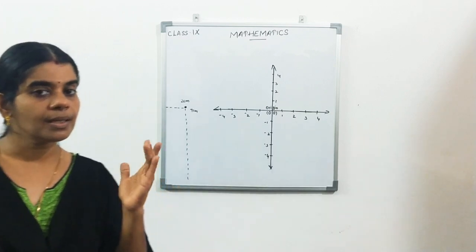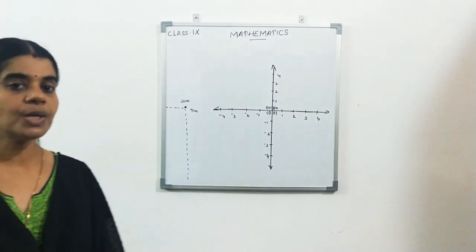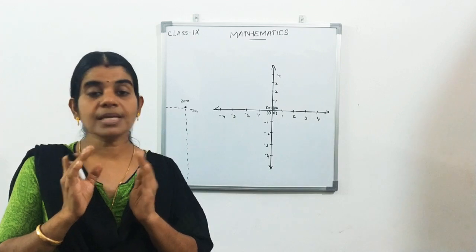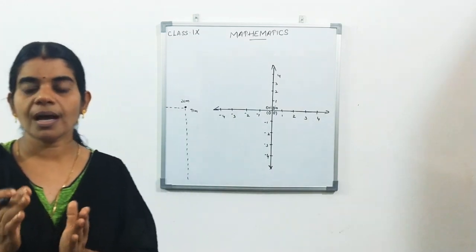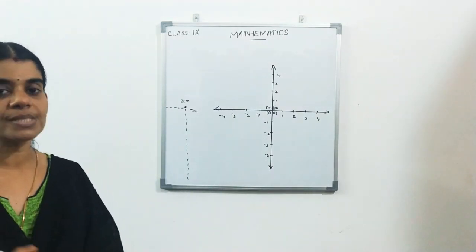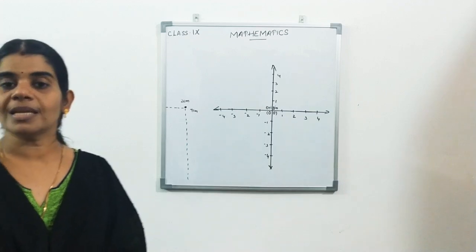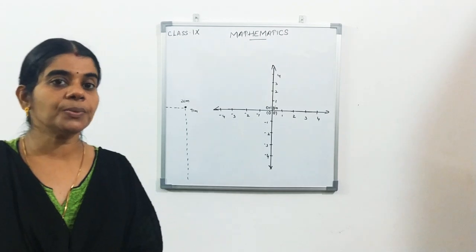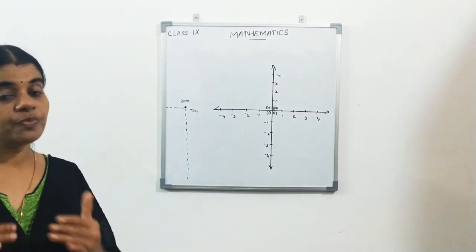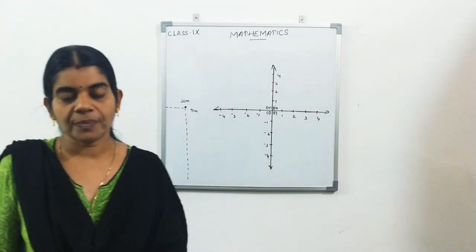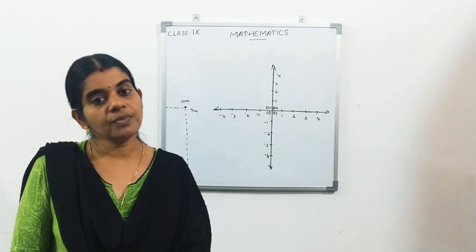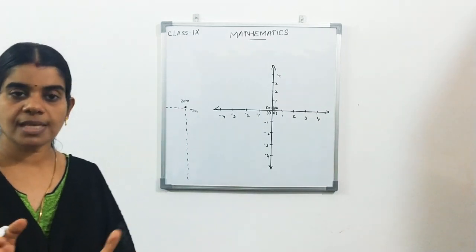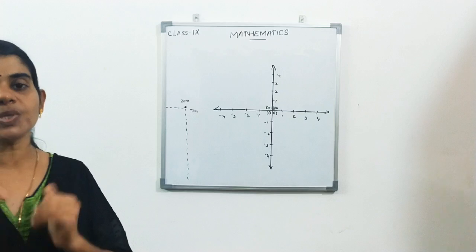Suppose in your classroom you want to say the seating plan, where you are sitting. How can you say the correct seating plan in your classroom? You want to know which bench you are sitting in, and in which place in the bench, first, second, third, which place you are sitting.